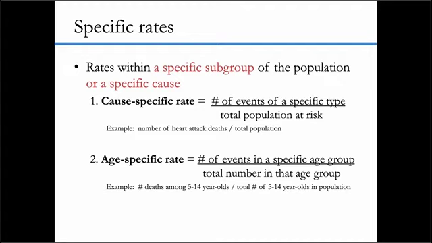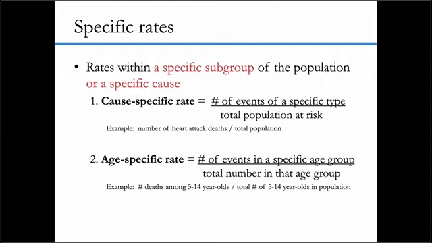That can give us a little bit more granular information about causes of death in the population at different age ranges. And we do these a lot for looking at the leading causes of death in the United States. The other thing that becomes important too is making sure that the people that we're including in our denominator are actually at risk for that cause of death.